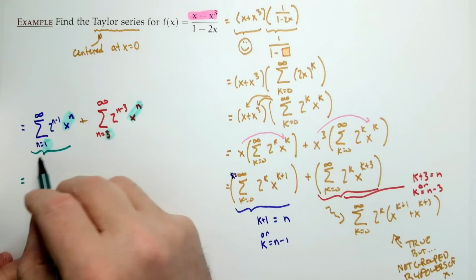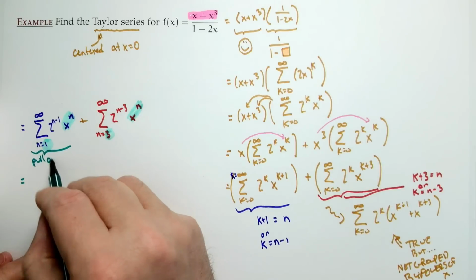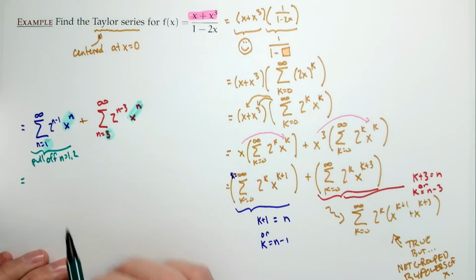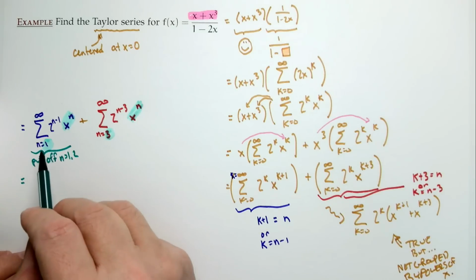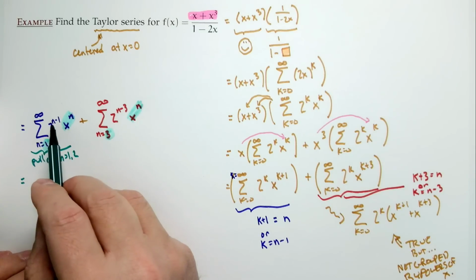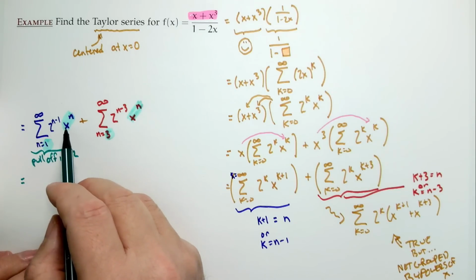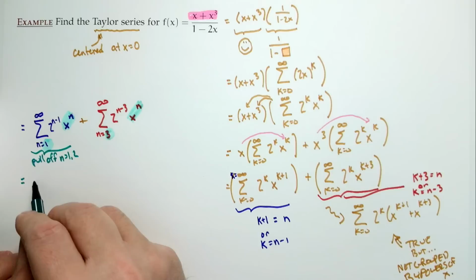So in particular, we're going to pull off the terms for n equals 1 and 2. So if we do that, well, for n equals 1, we get 2 to the 1 minus 1, which is 2 to the 0, which is 1, times x to the 1. So that's x.